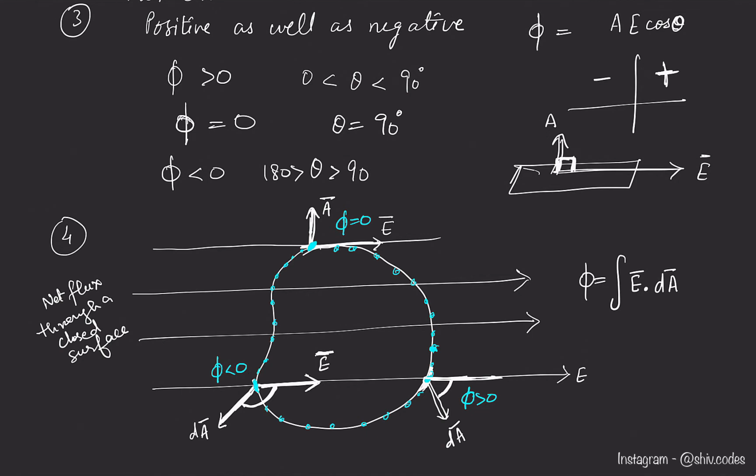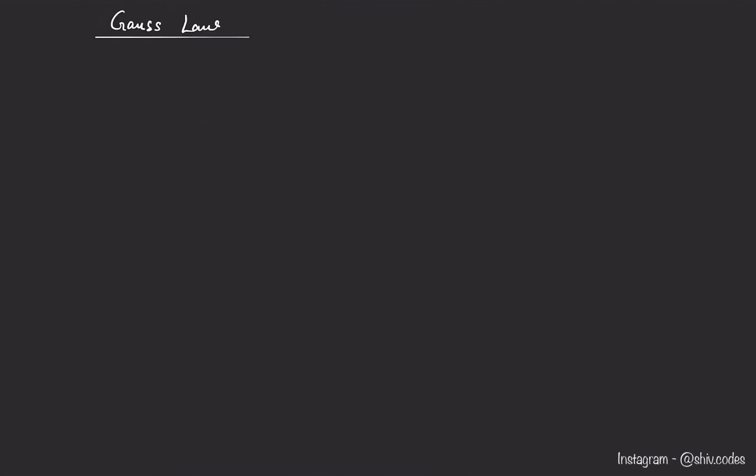So calculating this flux for every point and then adding it up, basically taking the integral, can be a very tiresome process, and we can calculate this in an easy way using something called Gauss law. What Gauss law states is that the flux through a closed surface, so keep in mind that Gauss law can only be applied to calculate flux through a closed surface, otherwise it can't be applied.